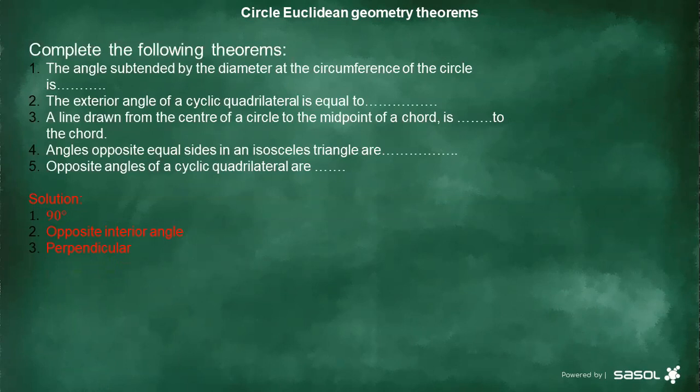And then number 4, it says the angles opposite equal sides in an isosceles triangle are equal. And the last point says the opposite angles of a cyclic quad are supplementary. Remember, supplementary means those opposite angles add up to 180.